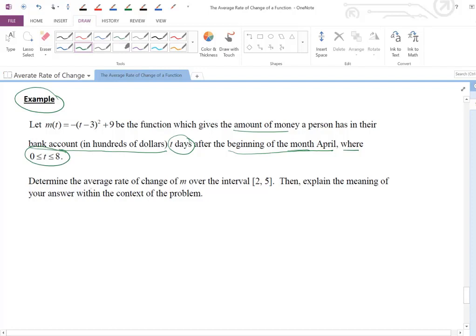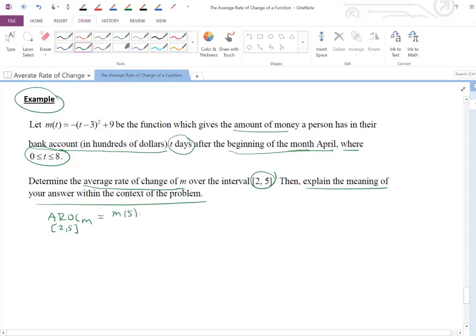What we want to do is figure out the average rate of change of the function m over the interval 2 to 5, and then talk about what it means within the context. So we want to find the average rate of change of the function m over the interval 2 to 5. What's that going to be?